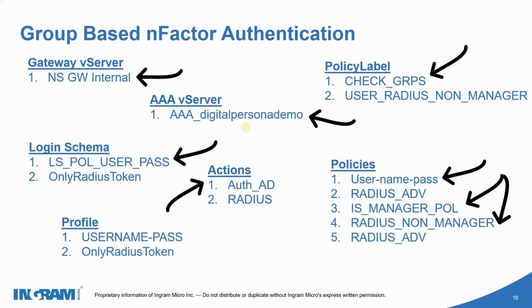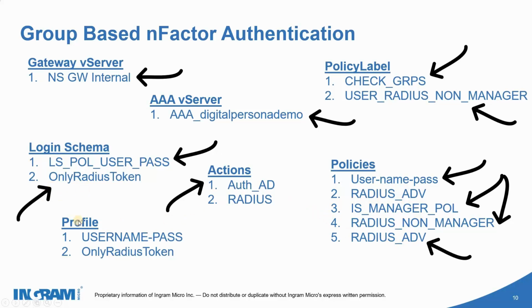If the user is a part of the Citrix 1FA group, authentication is complete and the user is logged in. However, if the user is not a part of that group, it proceeds to the next policy called radius non-manager, and that policy will send the user to another policy label called user radius non-manager, which sends the user to a policy called radius adv, again policy naming convention, ignore that, which has a logon schema assigned to it.